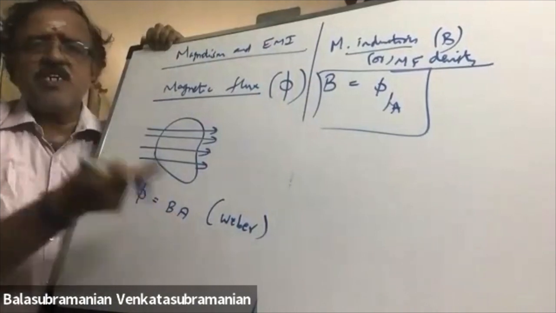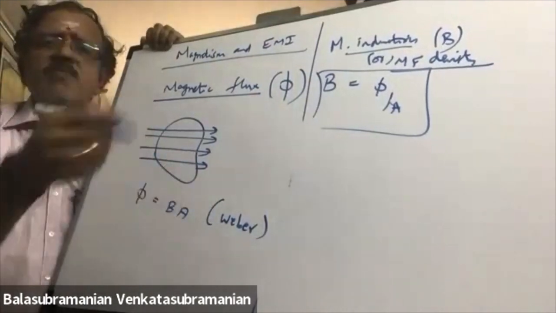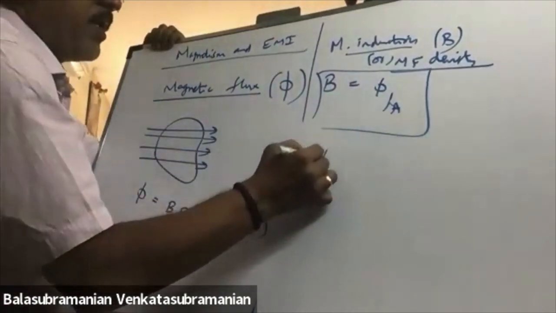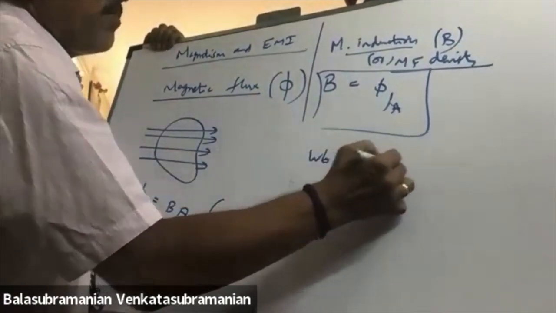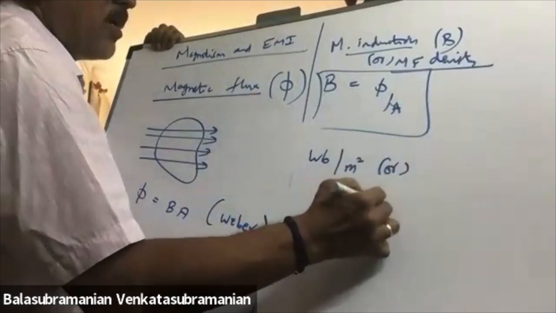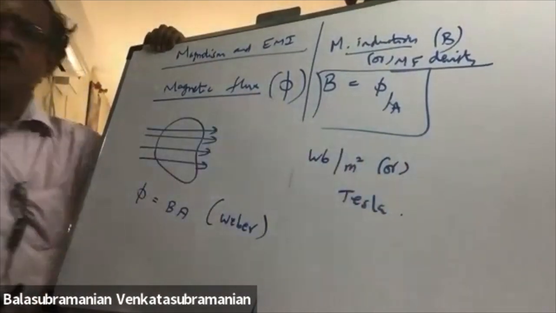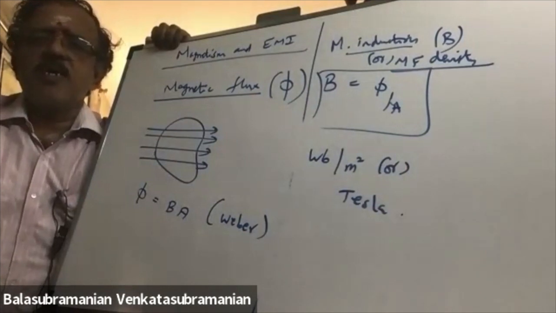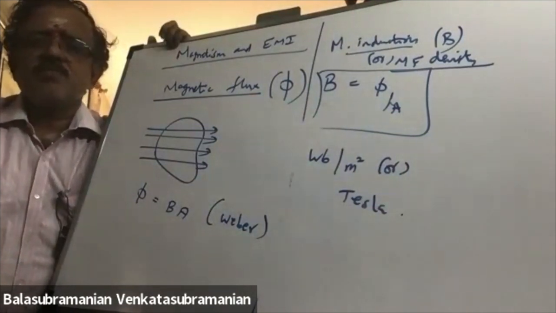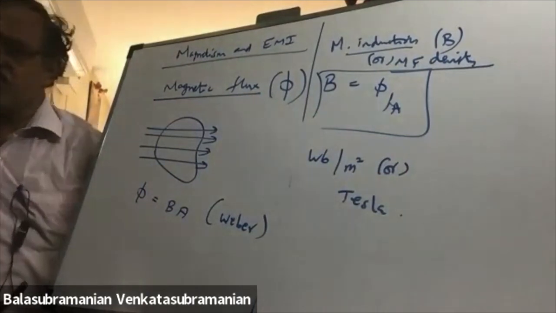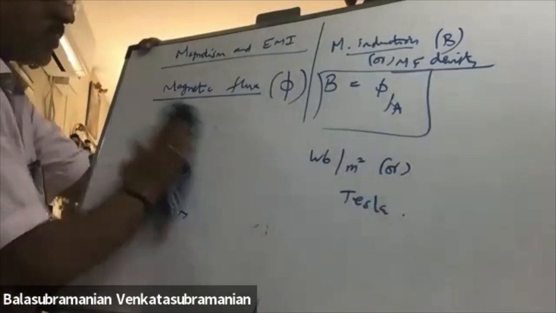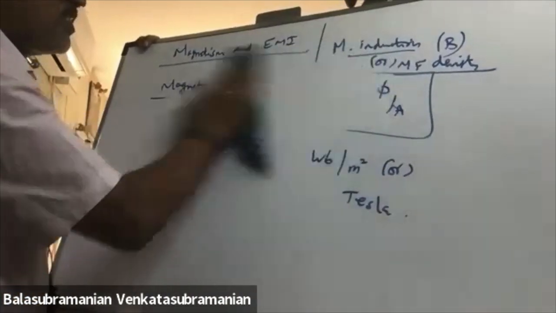Given area means into A. Per unit area means divided by A. What is the unit? Weber per meter square, or Tesla. Unit of magnetic induction: Weber per meter square or Tesla. Okay? So this is the basic information regarding magnetic flux and magnetic flux density.